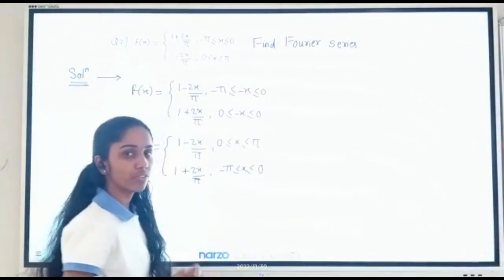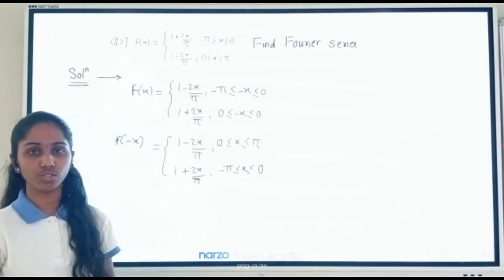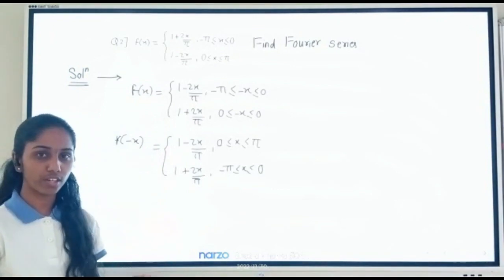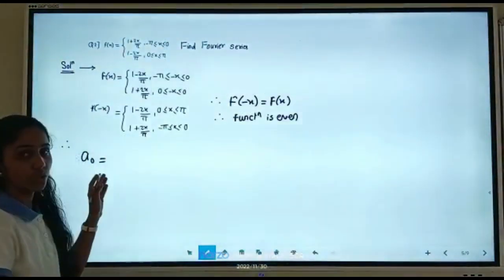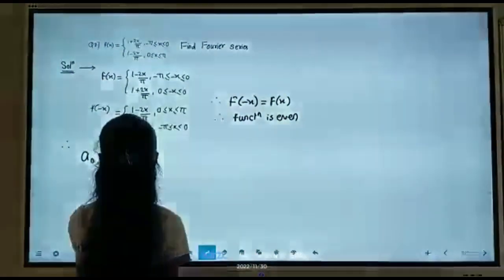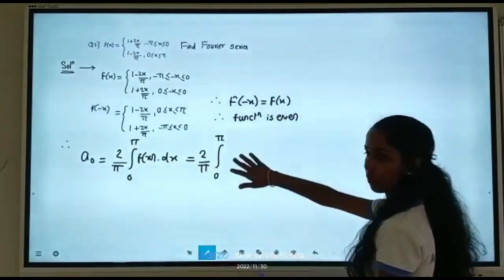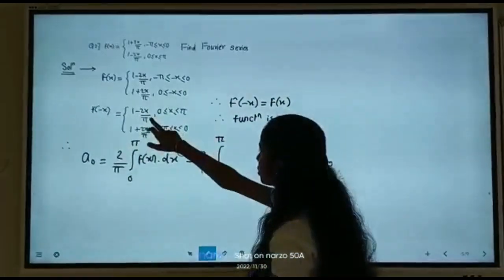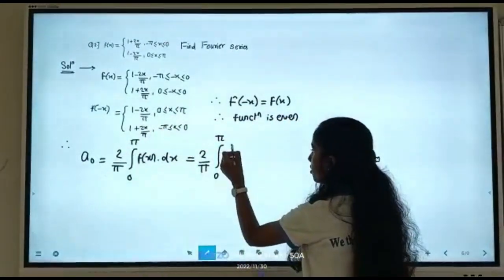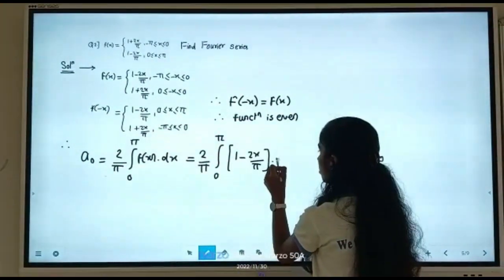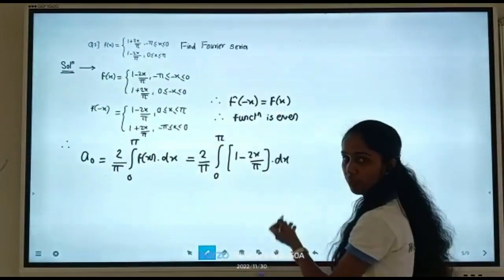For an even function, as you know, bn is equal to 0. So now we will find the values of a0 and an. As you know, the formula of a0 is as follows. From the limits 0 to pi, the value of the function is 1 minus 2x upon pi, so we will simply put that value. Now we will perform the integration.